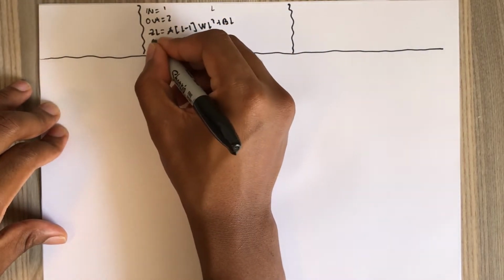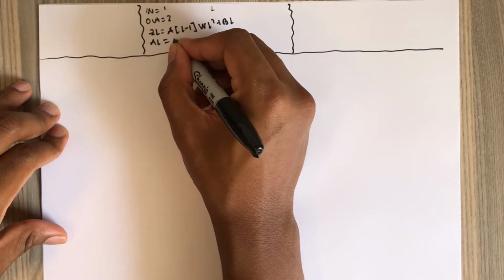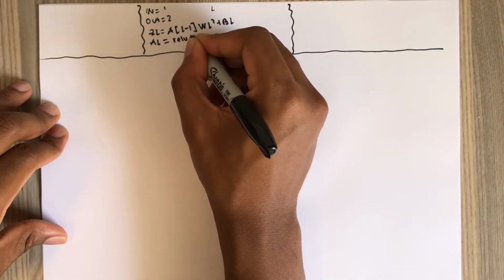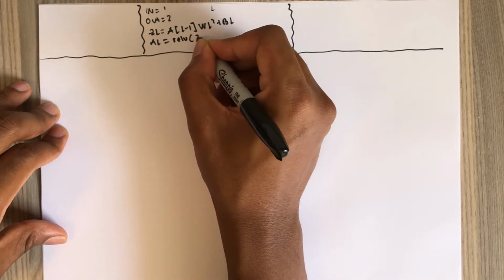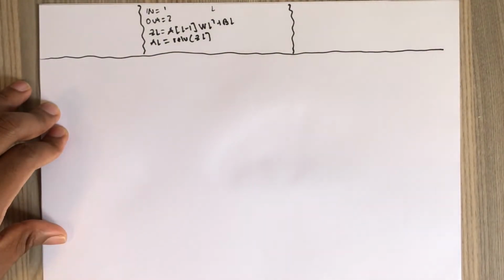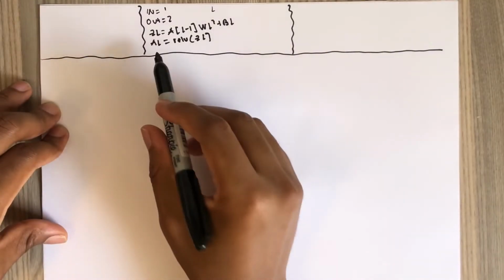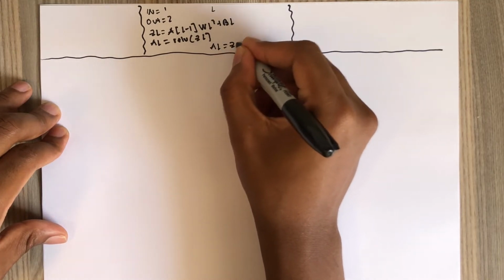Then you calculate AL, the activation of that layer, using maybe a nonlinear function, ReLU of ZL, for example. Or instead of using this formula, you can just say AL is ZL.